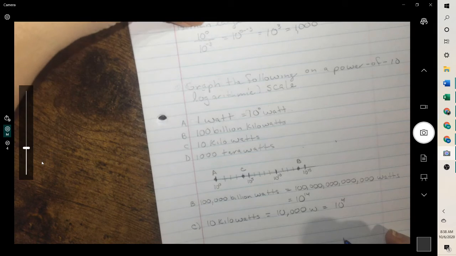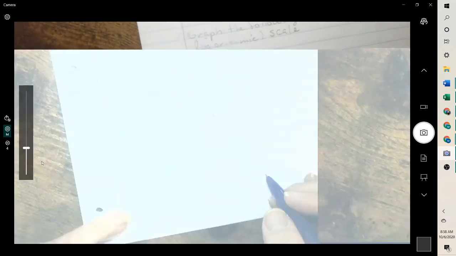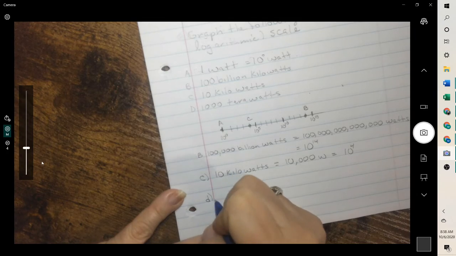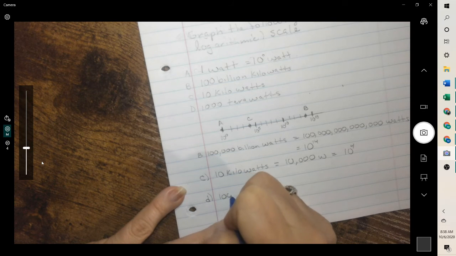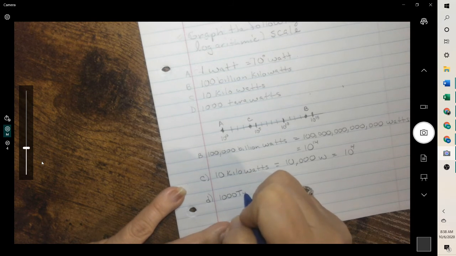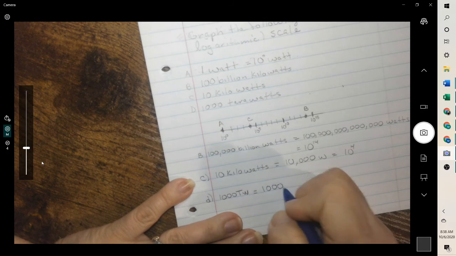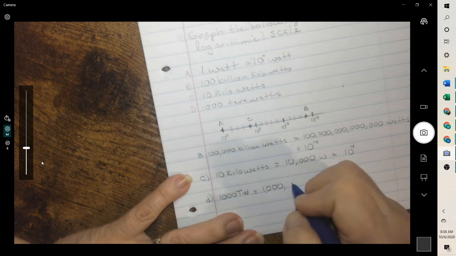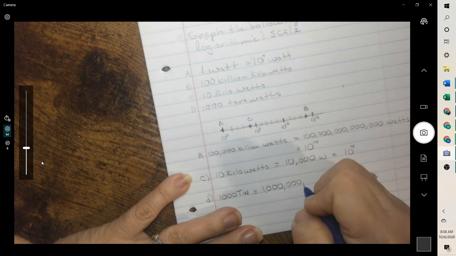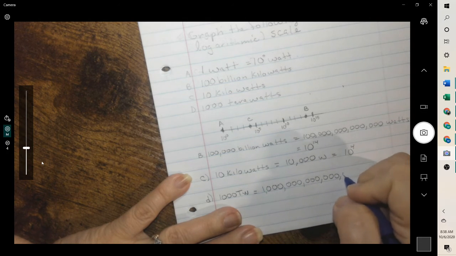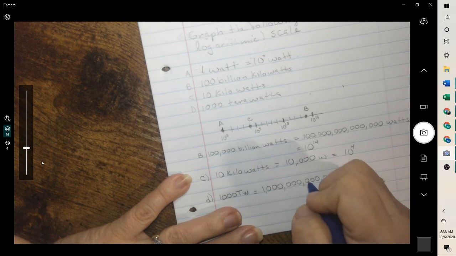Last one is terawatts. Tera means trillion. So we have our 1,000. Then we have 1,000, million, billion, trillion. 6, 7, 8, 9, 10, 11, 12.